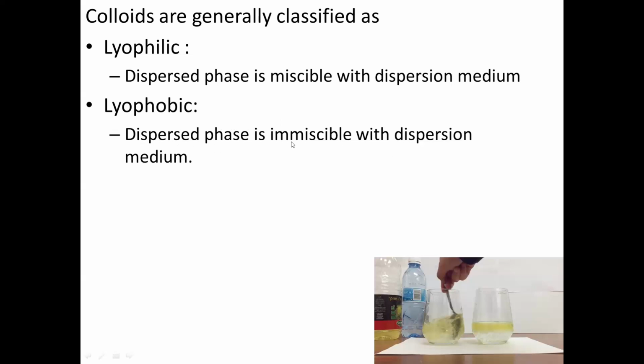The dispersed phase is immiscible with the dispersion medium. So what type of a colloidal system is natural rubber latex? Lyophilic or lyophobic? Lyophilic is where the dispersed phase is miscible with the dispersion medium. This type we could see in salts actually, but not in emulsions.